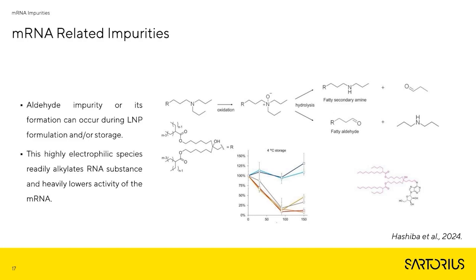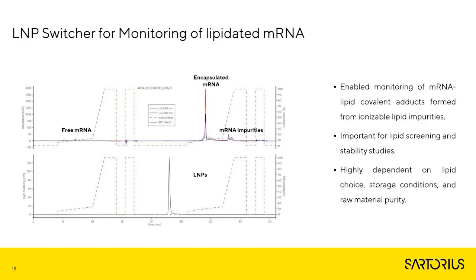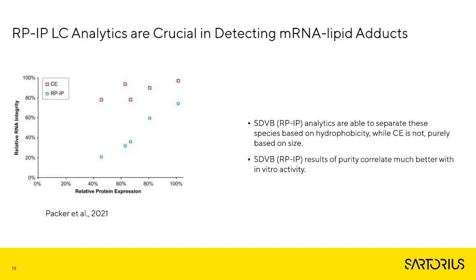So it is quite important to use reverse phase chromatography to analyze species like this, because capillary electrophoresis is not able to quantify them. By size they're quite similar to the RNA, but by hydrophobicity they can be very different, because those long lipid tails attach covalently to your RNA.